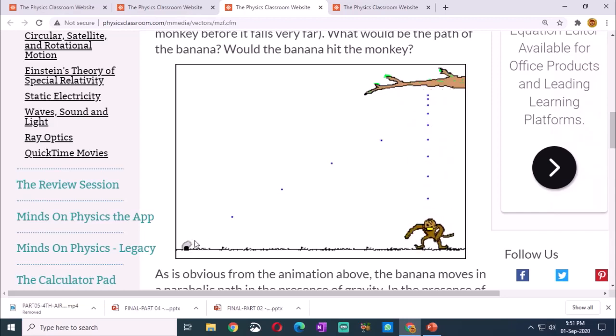And what about the path? The path is not a straight line. It is like a parabola, a curve shape. So with fast speed, when we aim at the monkey, it touches the monkey.